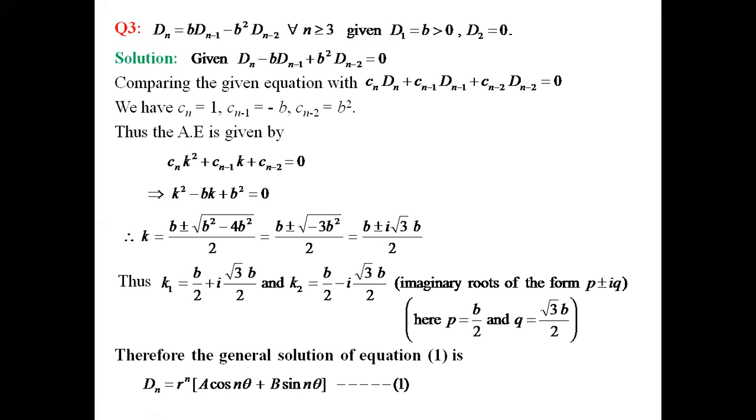Here A and B are the arbitrary constants which have to be obtained based on the given initial conditions. So we have r equal to square root of p square plus q square. Substituting p and q, we obtain this expression. Simplifying it is equal to b.